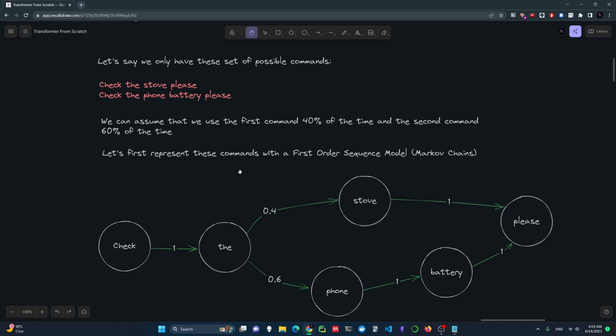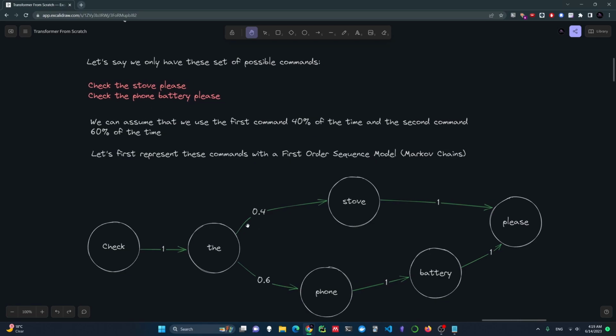So we assume that we use the first command, check the stove please, 40% of the time, right? And the second command, 60% of the time. So then we can assume that the probability of the next word being stove after the word the is 0.4 or 40%, and the word phone 0.6 or 60%, right?